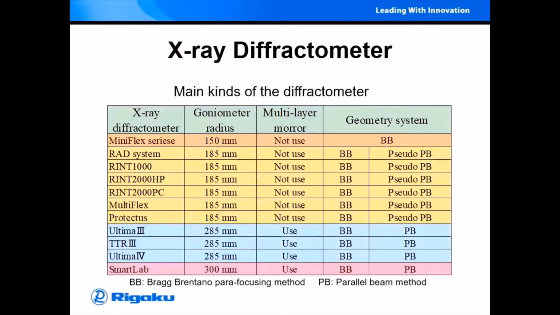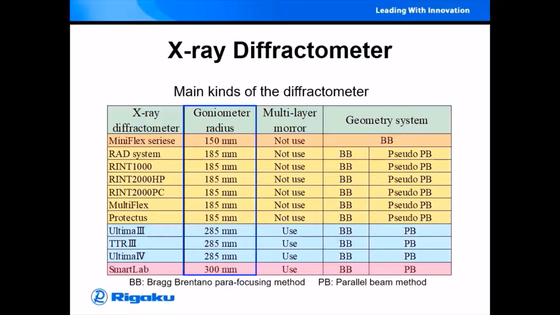And next, let me introduce the primary diffractometers we provide as Rigaku products. This table simply shows the differences between the diffractometers. The goniometer radius differs depending on the diffractometer: 150, 185, 285 and 300 millimeters.